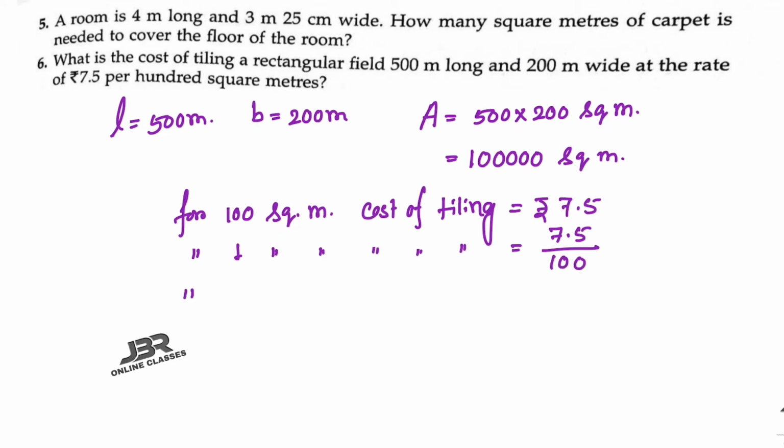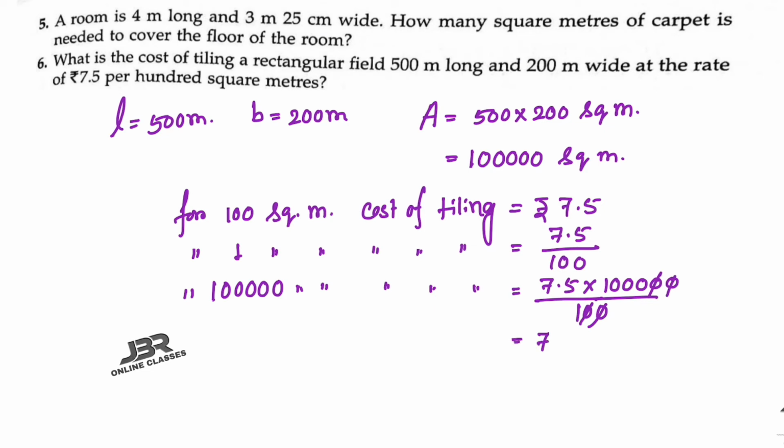And here for 1,00,000 square meter, the cost of tiling, it's 7.5 into 1,00,000 divided by 100. Then 0 cancel out. Now if you multiply 1000, this one equal to 7500. So rupees 7500 is your final answer.